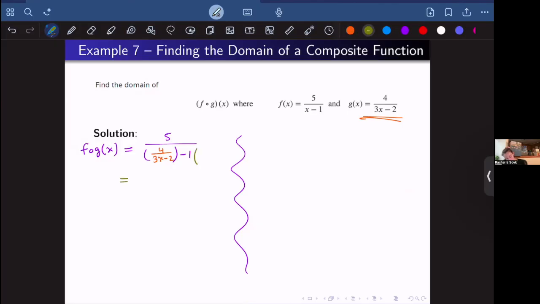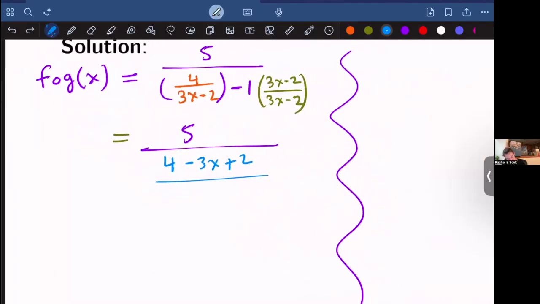So 1 as a fraction with that common denominator is 3x minus 2 over 3x minus 2. 5 stays in the numerator. Our new denominator is 4 minus 3x plus 2 all over 3x minus 2.